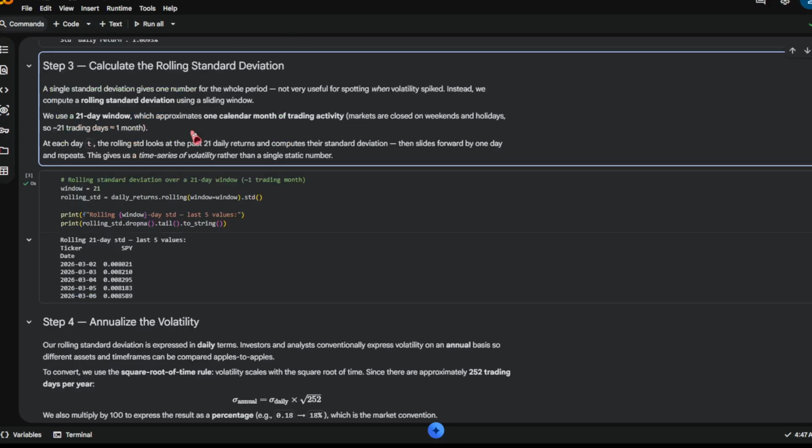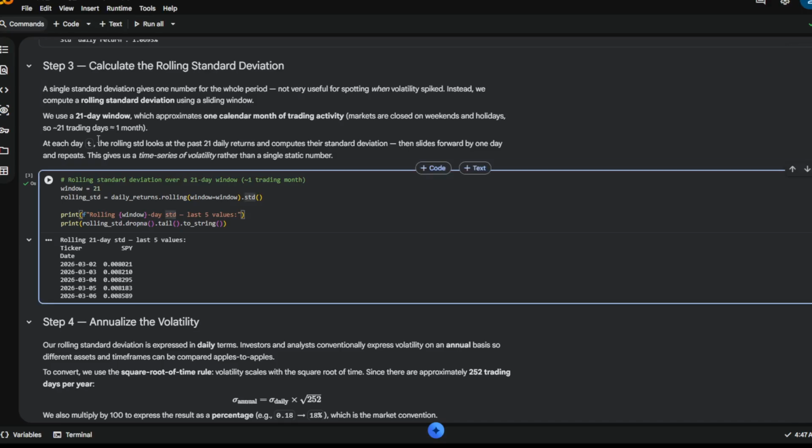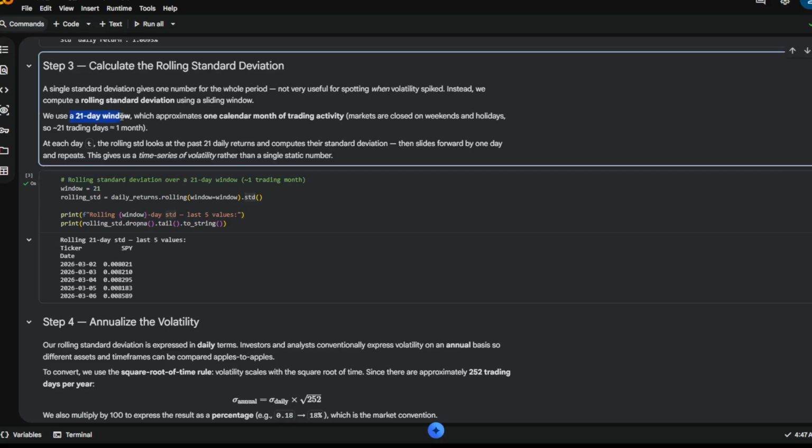And now we will calculate the rolling standard deviation. As we said, 21 days is 1 month. At each day t, the standard deviation looks at the previous 21 days and computes the standard deviation, and then slides forward by 1 day and repeats. This gives us a time series of volatility rather than one static number.